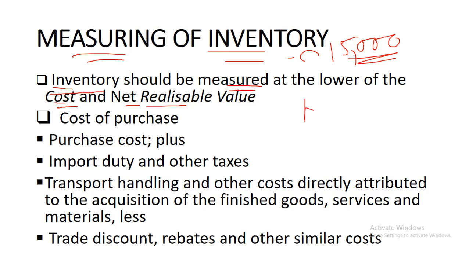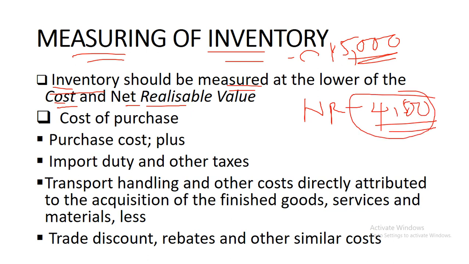And then the NRV is, say, 4,500. So when you deduct the cost of completion and the cost of making the sale, it's going to arrive at 4,500. So now we need to measure this inventory at the lower of. What the lower of means is you compare these two, and then you pick out the lowest.